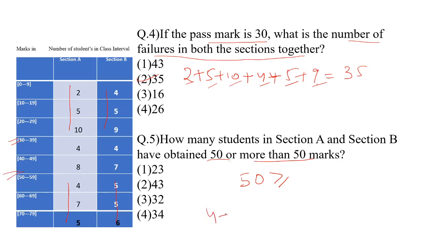It is 4 plus 7 plus 5 plus 5 plus 5 plus 6. It's like 10, 15, 15 plus 6, 21, 21 plus 7, 28. 28 plus 4, 32. So option number 3, 32.